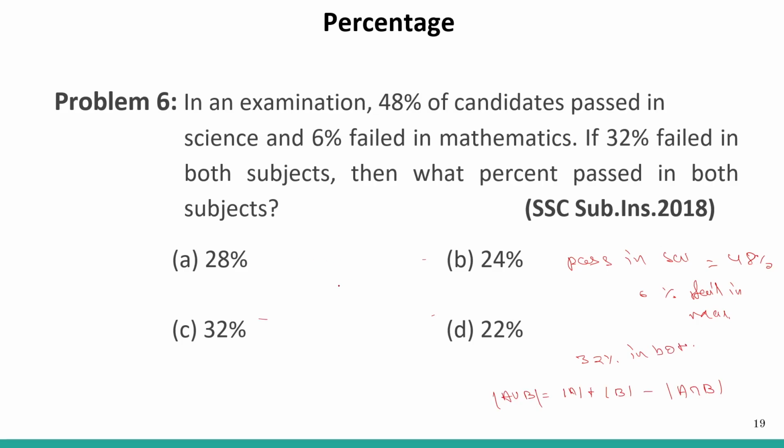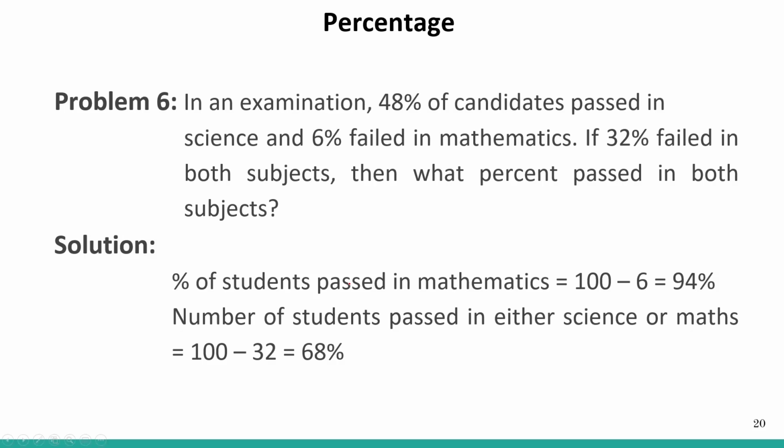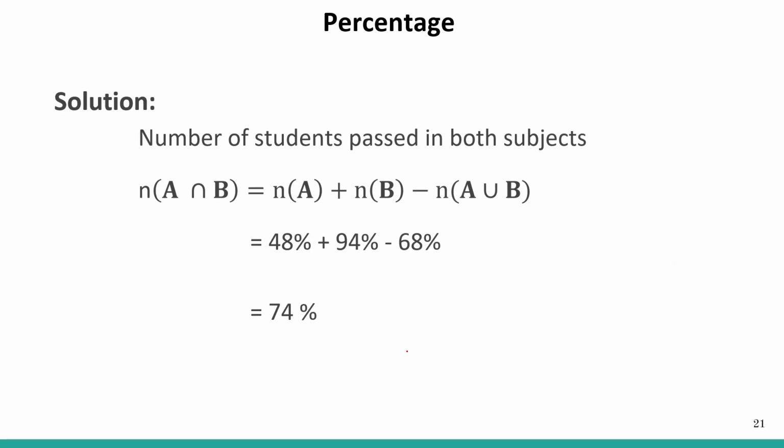So the percentage of students who passed in mathematics is equal to 94%, right? So the number of students who passed in either science or maths is equal to 68%. So the number of students who passed in both the subjects is the cardinality of A intersection B, which is equal to cardinality of A plus cardinality of B minus cardinality of A union B. We have used this formula.